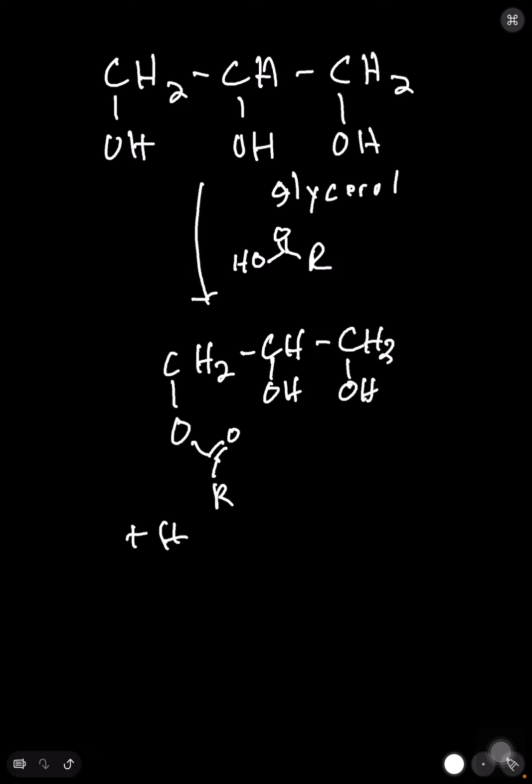And it gives off water as a side product. Each glycerol can hold three fatty acids. And this is the primary way in which organisms store fatty acids. So if you're wondering what fat cells are made out of, fat cells have a whole lot of triacylglycerols.